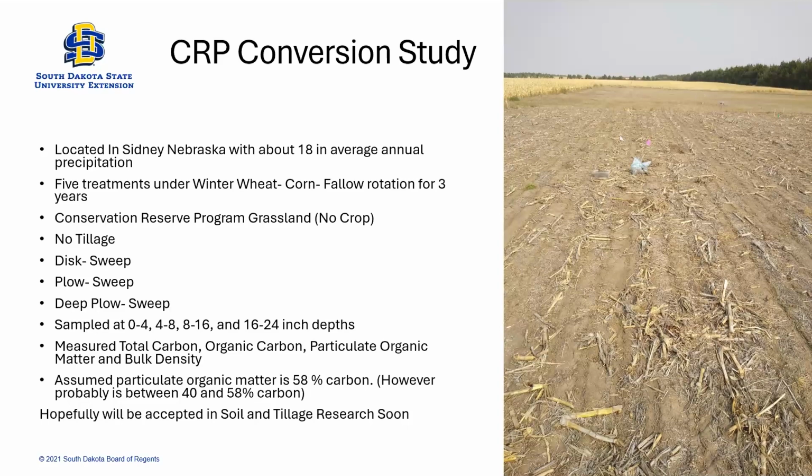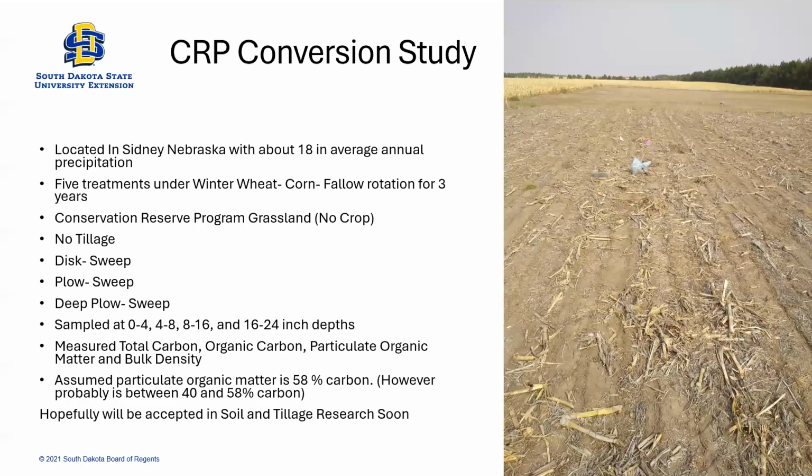We measured total carbon, organic carbon, particulate organic matter, bulk density, and some other soil properties. This is under review, and isn't in the presentation, but essentially the aggregate stability was reduced a lot when CRP was converted to any of the tillage practices, and it was really reduced when it was converted to the plow sweep or deep plow sweep.